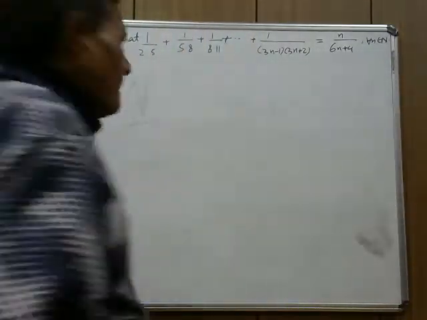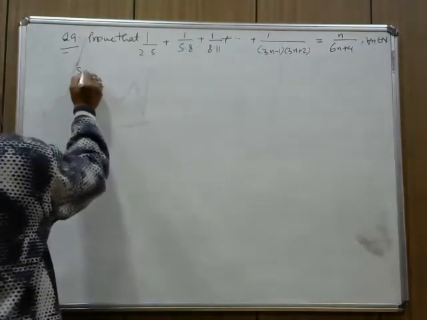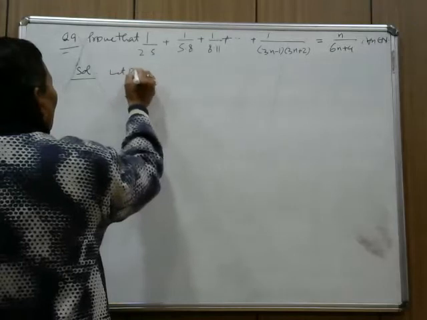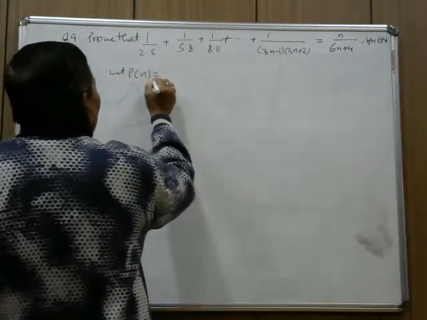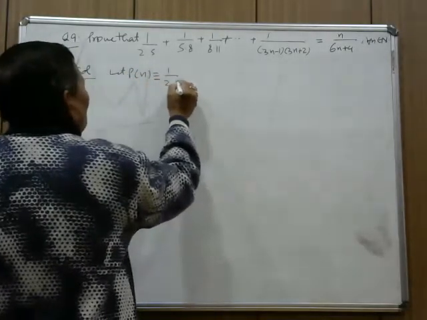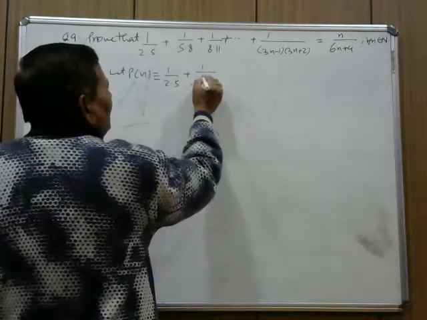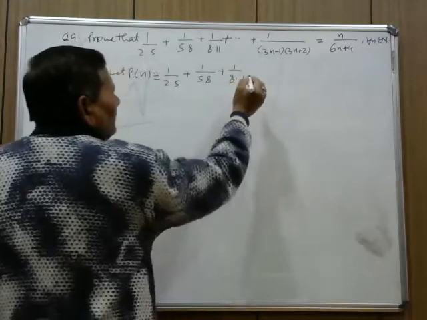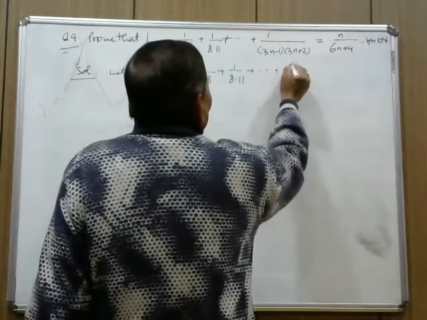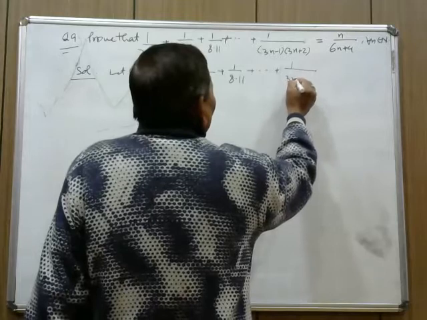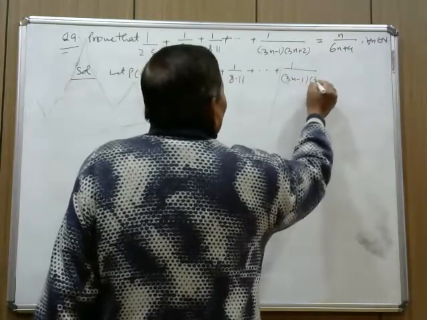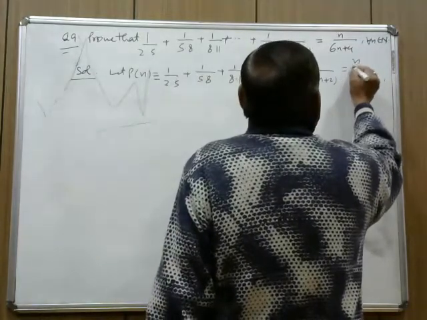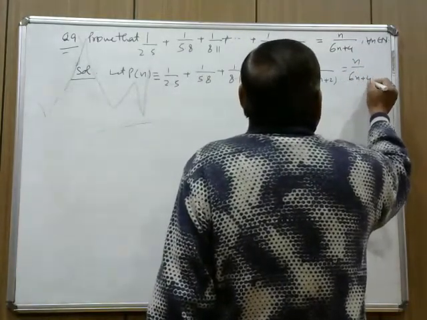Now you see, solution. Let P of n equal 1 upon 2 into 5 plus 1 upon 5 into 8 plus 1 upon 8 into 11 plus and so on, plus 1 upon (3n minus 1)(3n plus 2) equal to n upon 6n plus 4.